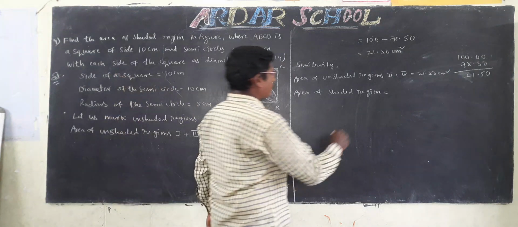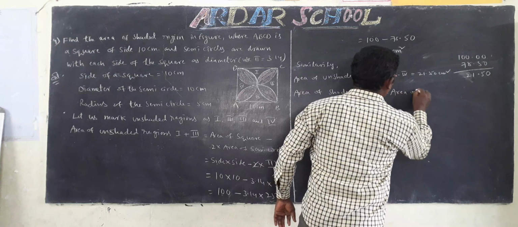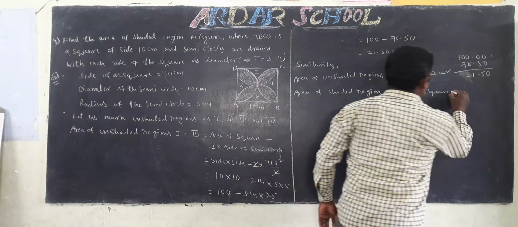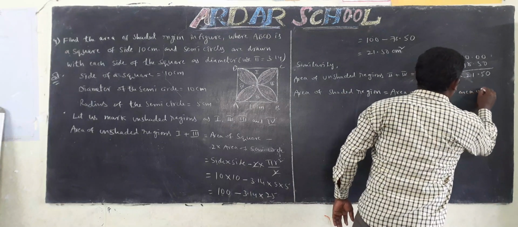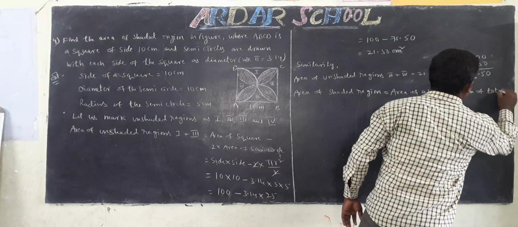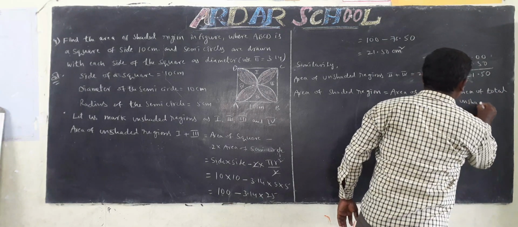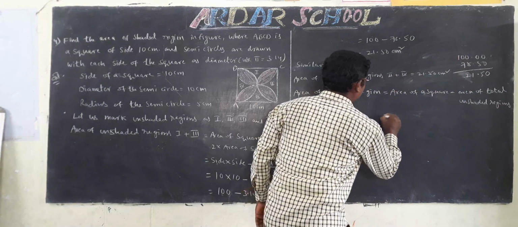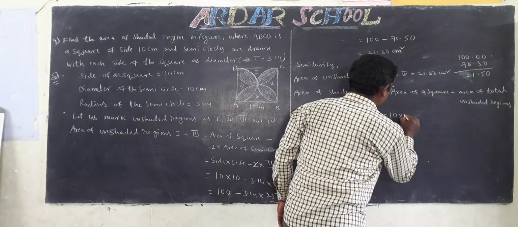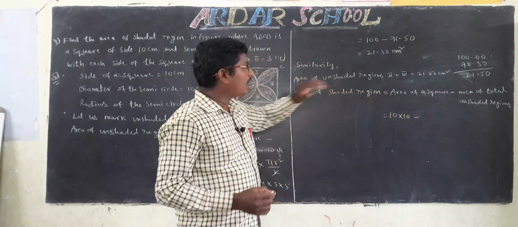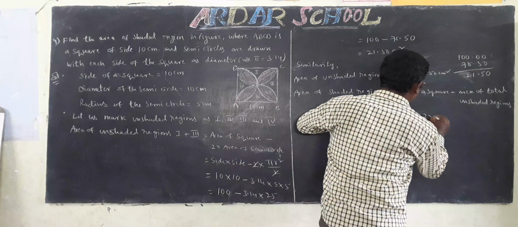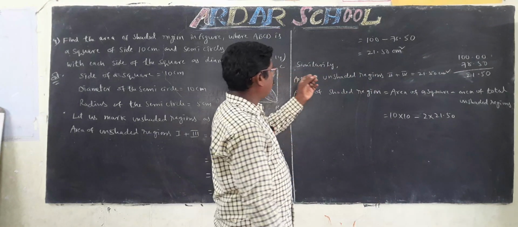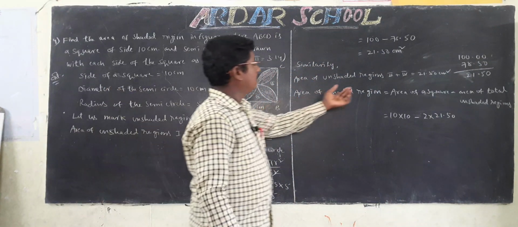So area of a square is 10 into 10 minus the area of the total unshaded region. This is two parts, 2 into 21.50. The first part is 1 and 3. The second part is 2 and 4.